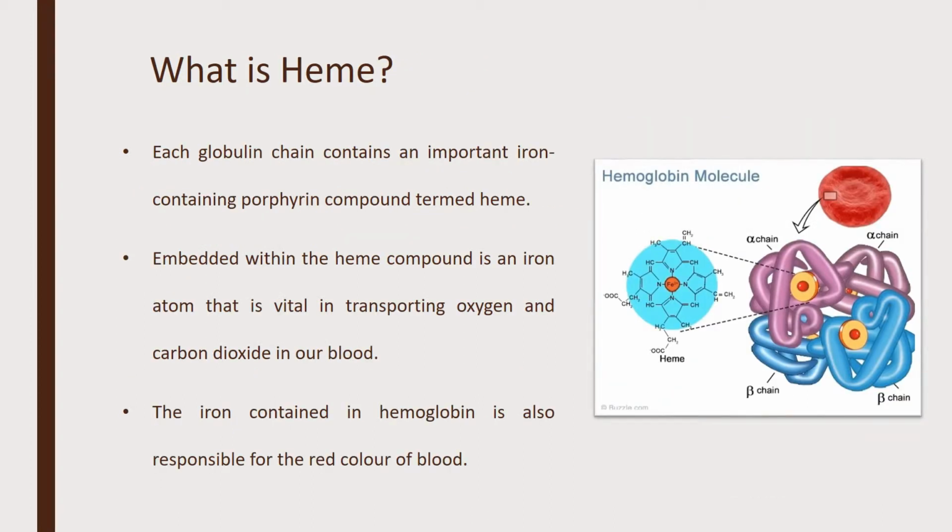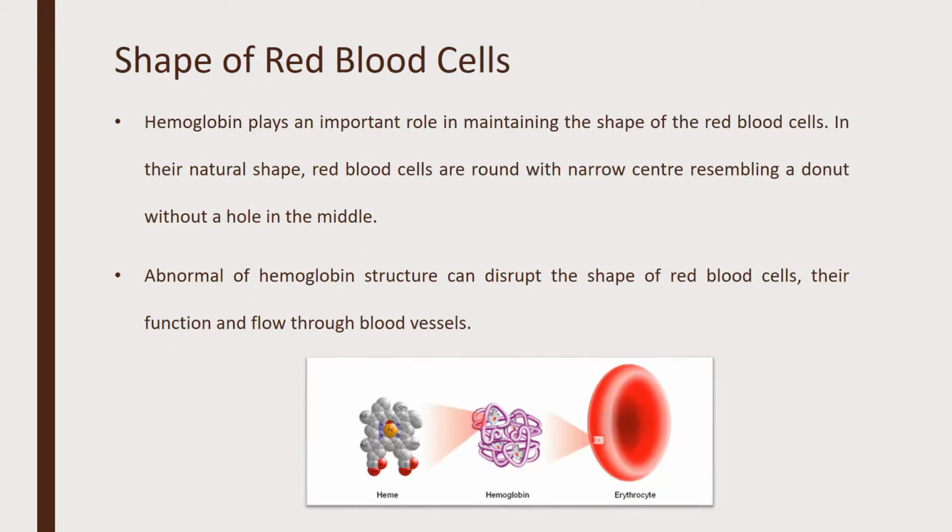Each globulin chain contains an important iron-containing compound termed heme. Embedded within the heme compound is an iron atom that is vital in transporting oxygen and carbon dioxide in our blood. The iron contained in hemoglobin is also responsible for the red color of blood.